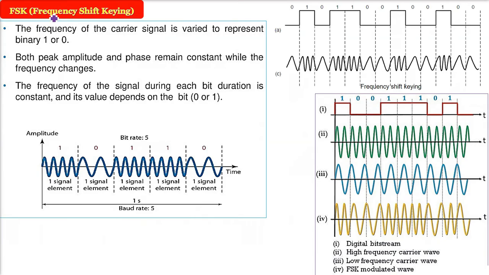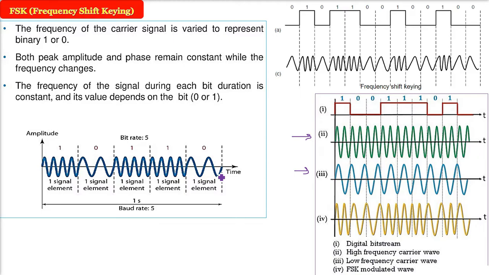FSK or frequency shift keying. FSK is also a digital modulation technique. So here we have a carrier wave, and the frequency of the carrier signal or wave is varied or changed to represent binary 1 or 0.